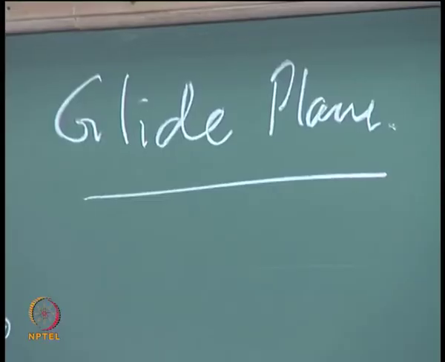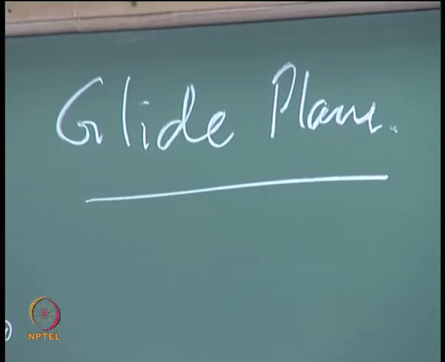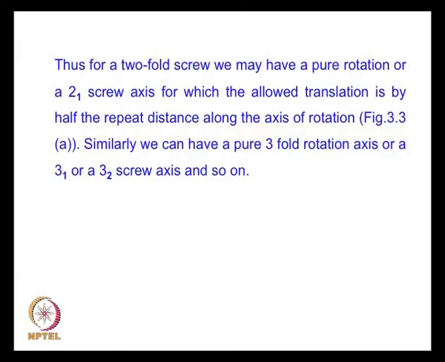So, translation, screw axis and glide planes form the elements of space groups. So, for example, for a two-fold axis, we can have a translation by half the repeat distance along the rotation axis, as shown in the next figure.